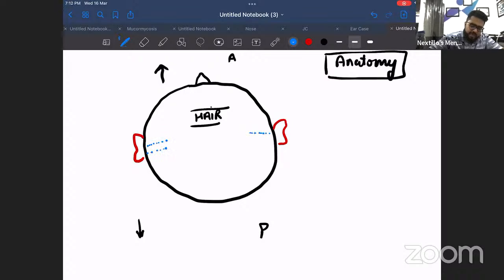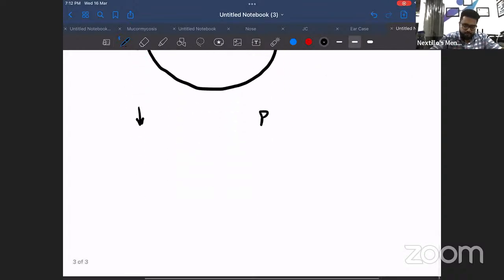I will tell you exactly how it is placed, but just for orientation. Then we'll have the middle ear, and inside of this we'll have the inner ear. So we need to know this basic orientation: the ear is made of an external part, a middle part, and an inner part. This is how it will be oriented in our body.